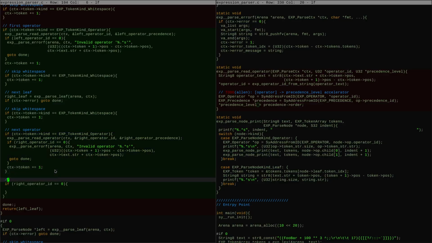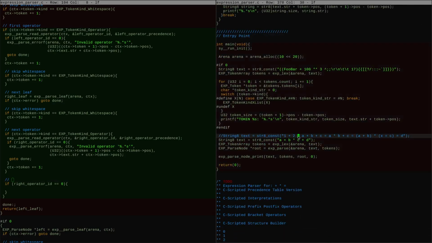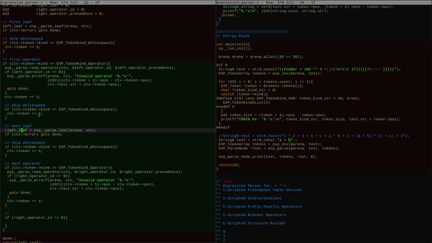So at this point, if you have a right operator ID, then we're in that position where, well, if you don't have a right operator ID, then that's like the case where you find this. You come up here, you find an operator, you find another leaf, and you knew you were going to find a leaf because you had an operator here that set it up, so there had to be one.